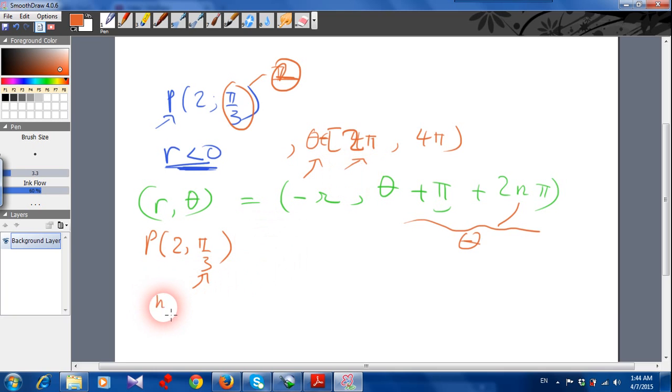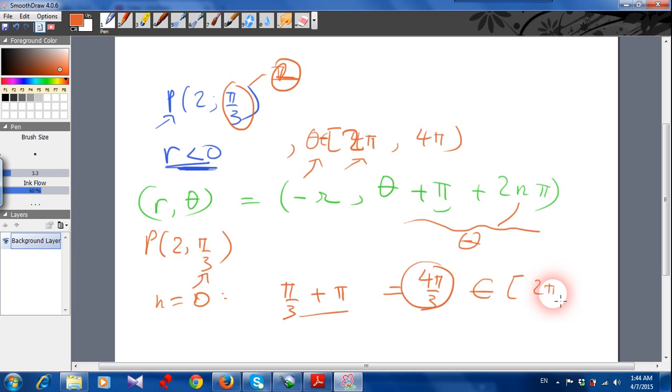So first of all, n is 0, and π/3 plus π will be 4π/3, and it belongs to 2π to 4π. So it's good.